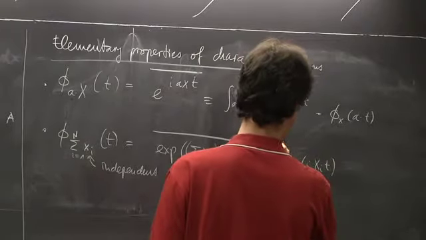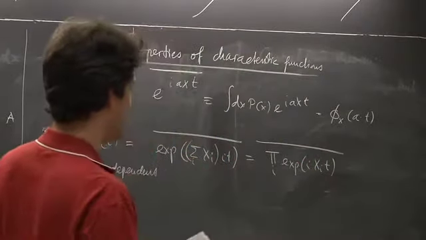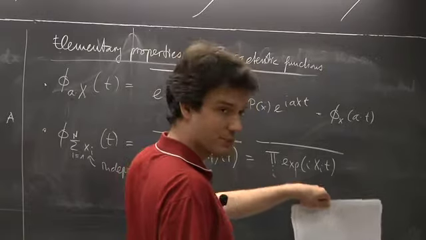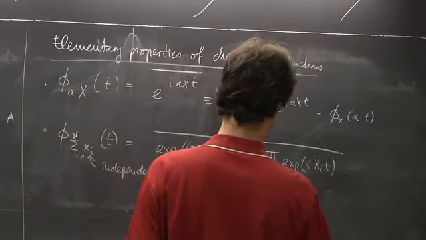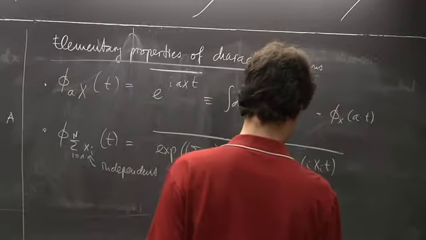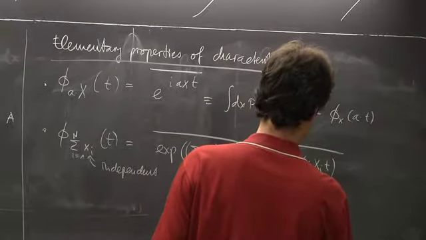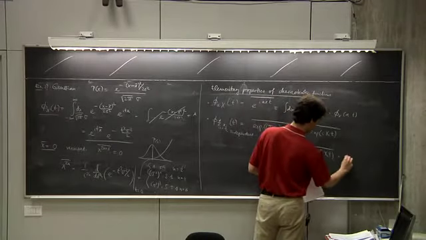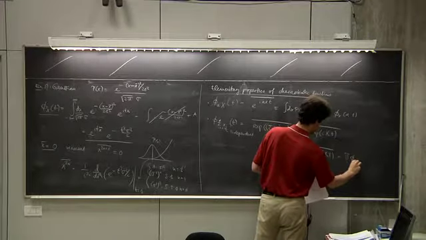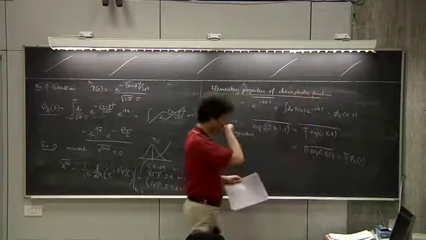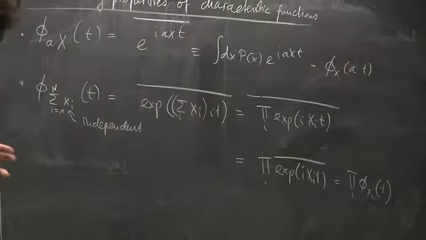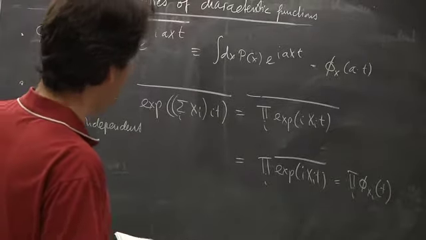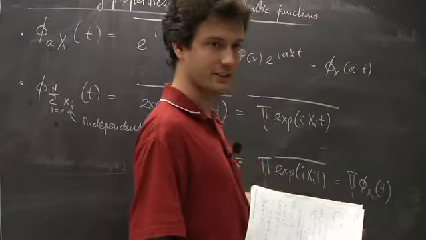And since the variables are independent, the average of the product is the product of the averages, right? That we said again last time. And that is by definition just the characteristic function of the variable x_i at argument t. So we see this nice property that the characteristic function of a sum of independent variables is just a product of the characteristic functions.